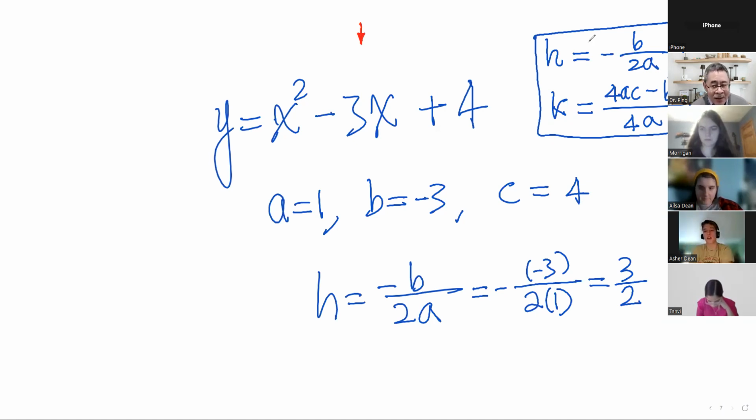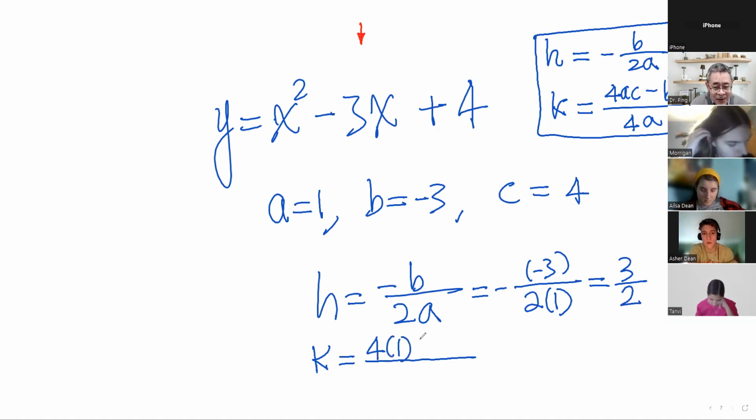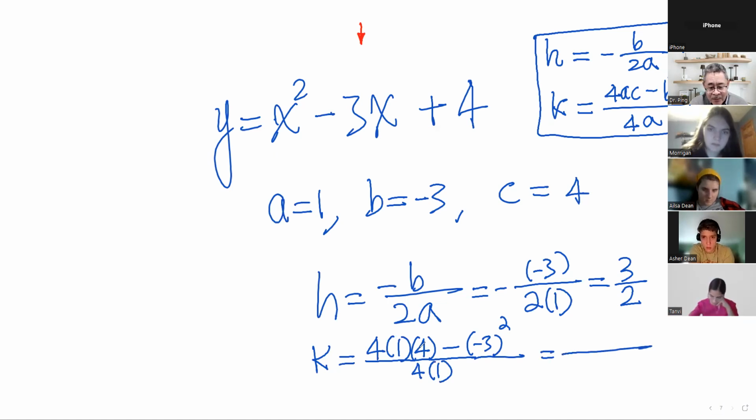So H is 3 over 2, and then K is 7 over 4. Well, K is what? We know 4 times A is 1. C is 4 minus B squared, -3 squared, then over 4 times 1. So what we got here is 4 times 1 times 4 is 16. Then -3 squared is 9. And over 4. Well, 16 minus 9 is 7.